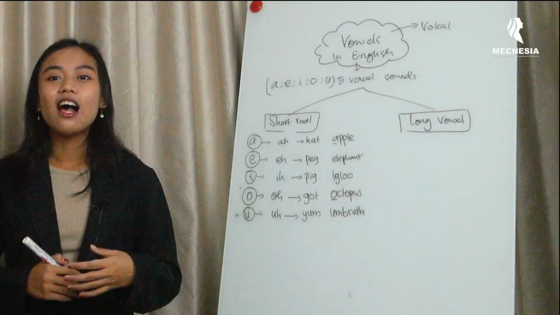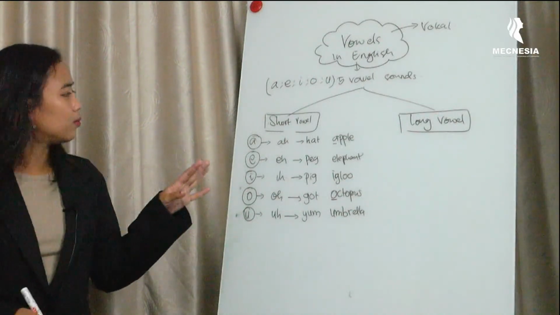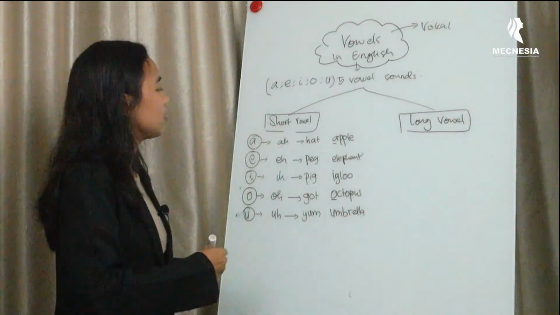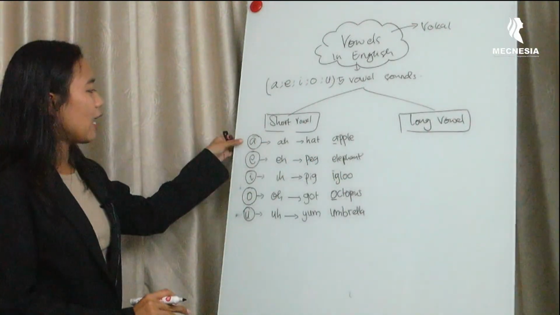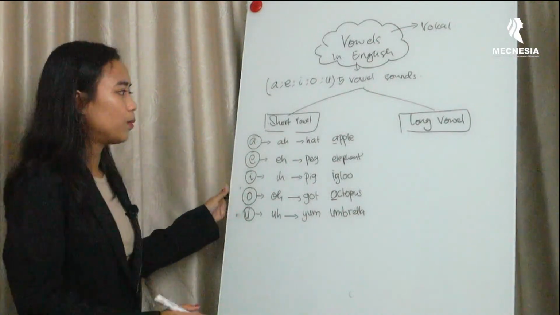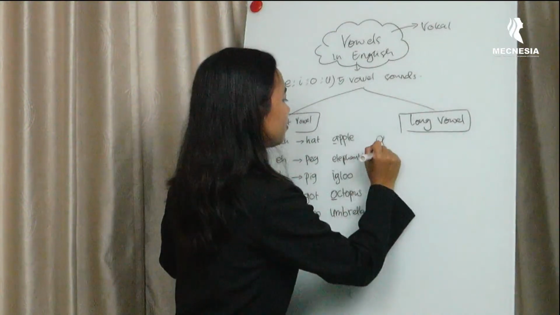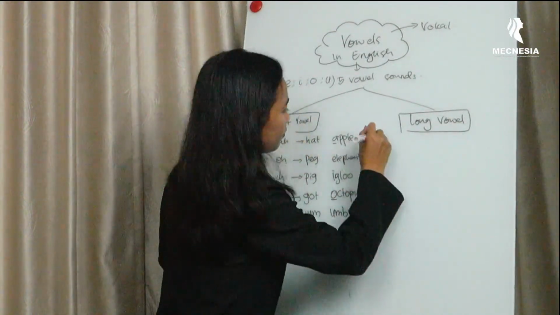As in umbrella. Well, that's for the short vowel. Now let's talk about the long vowel. Okay, it's same as before. Jadi sama, kita punya A, E, I, O, U.